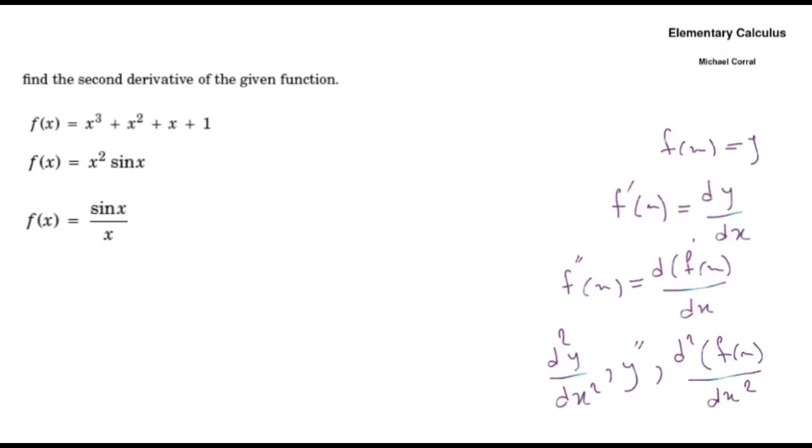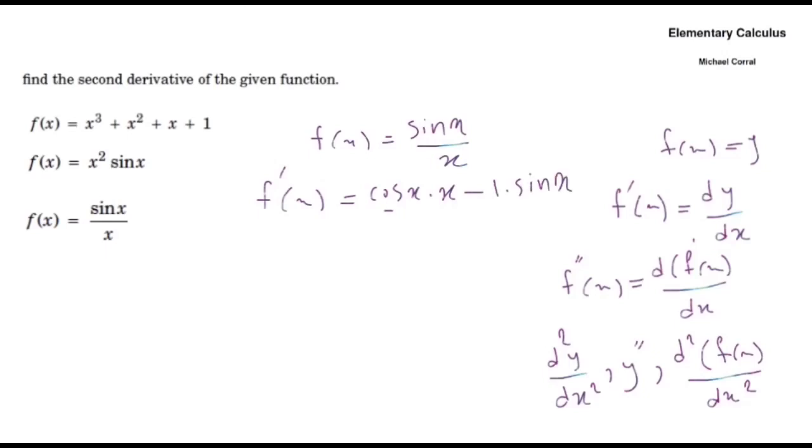The next function is f(x) equals sine x over x. The first derivative f prime x equals the derivative of sine x, cosine x, times x, minus the derivative of x, which is 1, times sine x, over x squared.